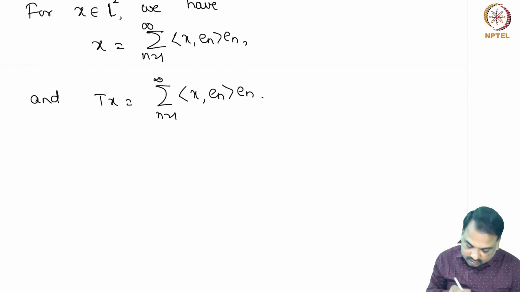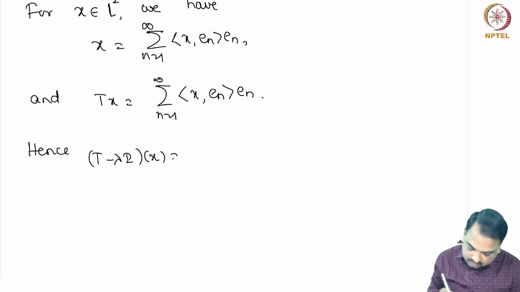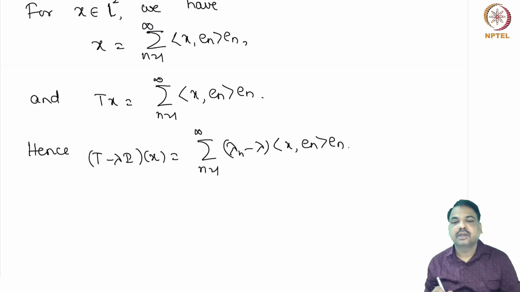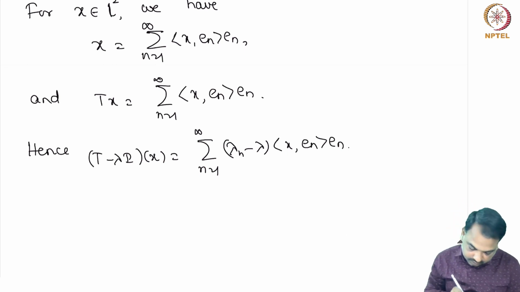Okay, so we want to look at (T minus lambda I)x. This is the summation n equal to 1 to infinity of (lambda n minus lambda) times the inner product of x with en, multiplied by en. So we can actually look at the square of the norm of this one.